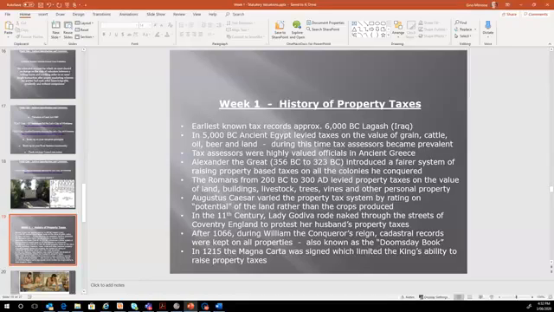He introduced a pretty fair, or a fairer, system of raising property-based taxes on all the colonies that he conquered. As I said, he ended up controlling a fair chunk of the earth. But each time he conquered an area, because these were pretty uncivilised colonies, he would introduce property-based taxes in each new colony.